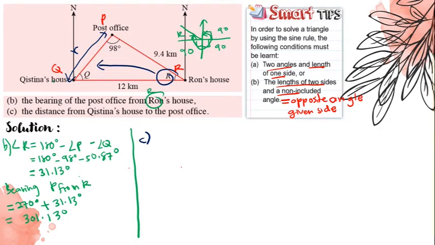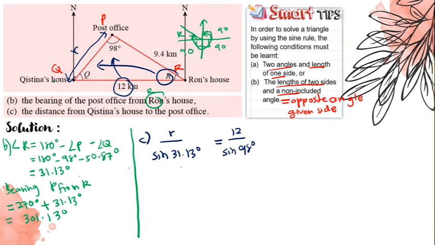So to find r, what is the angle of R? R is 31.13. It is equal to, what is another length and angle given? Here, 12 with 98. So 12 over sin 98 degrees.